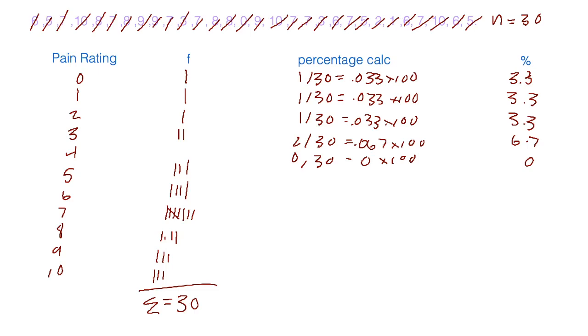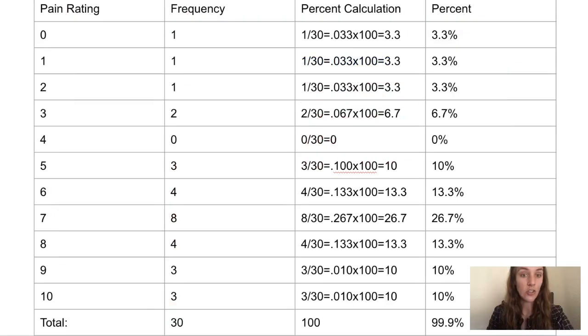So let's go ahead and hop back over to the lecture, and I'll show you our completed table here, with all of our frequencies, all of our percent calculations. And a few things to point out here. If you look at the frequency column, I have a total row at the bottom. That's where we have concluded that we have all 30 of our data points included in our frequency tally.